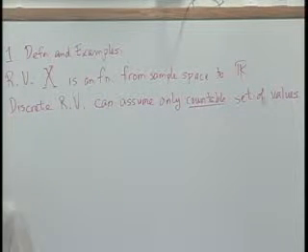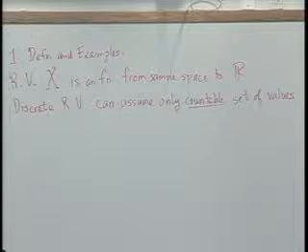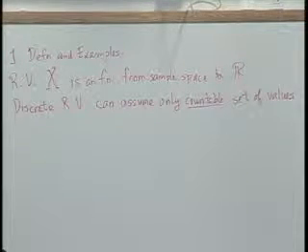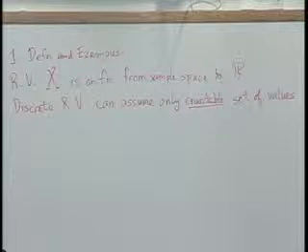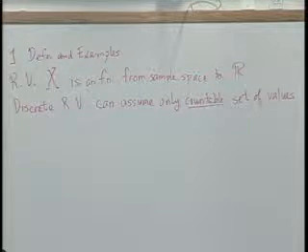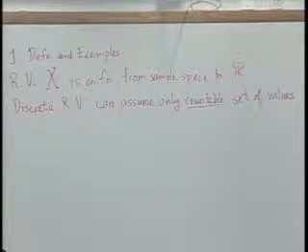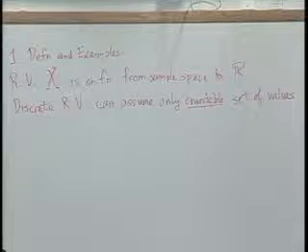Now, countable doesn't necessarily mean finite. The integers are countable, for example, even though there are an infinite number of them. And anything that can be put into one-to-one correspondence with the integers is also countable. So, for example, the rational numbers are countable.